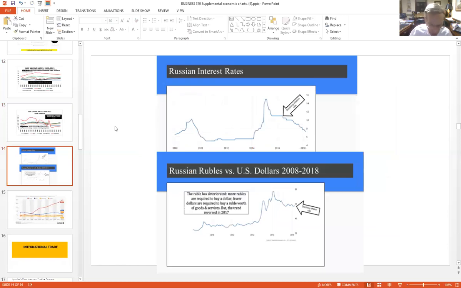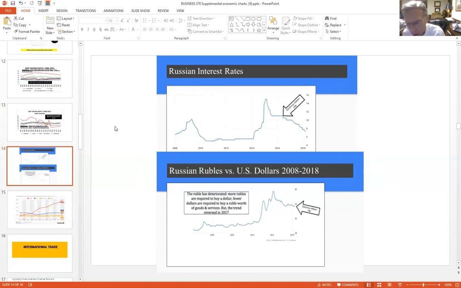So here are a few trends in interest rates, or some other trends, I should say, because we saw interest rates earlier. But here are a couple charts that show what's been going on in Russia. And I probably should have put these charts earlier.